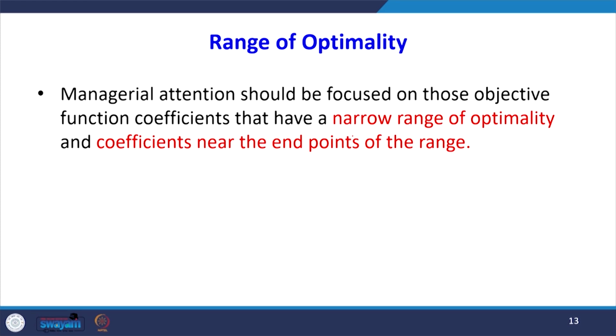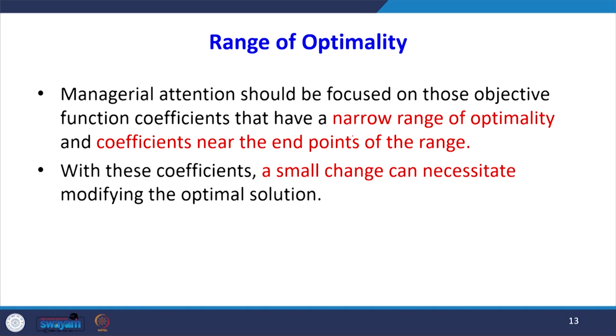Obviously, when the range is very narrow, management should pay more attention, because if there is a slight variation in the product price, that may affect your scheduling. So with this coefficient, a small change can necessitate modifying the optimal solution.